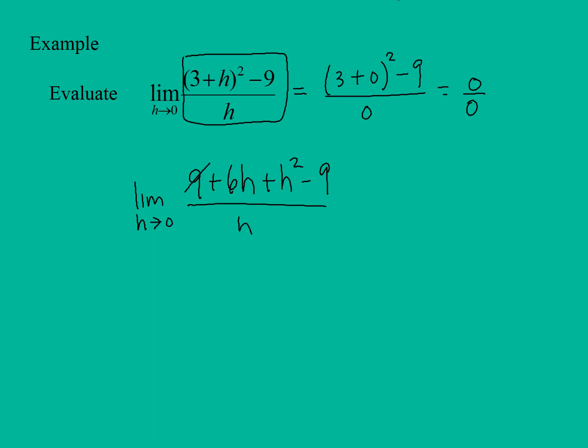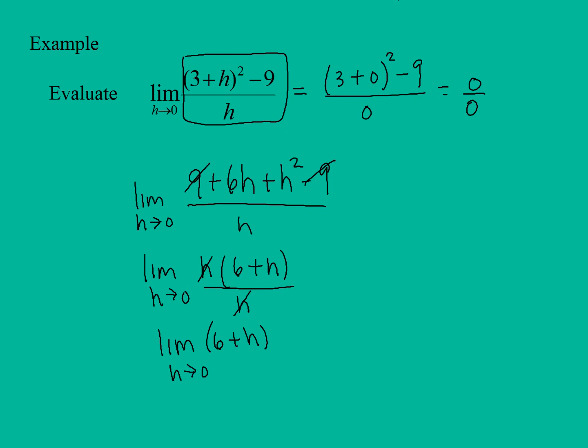Now we can see that the 9's would cancel, and we could actually factor out an h from the numerator, and we could reduce that h with the h in the denominator. So we would be left with the limit of 6 plus h as h goes to 0. And now we can use direct substitution. If we substitute 0 in for h, we simply get 6.